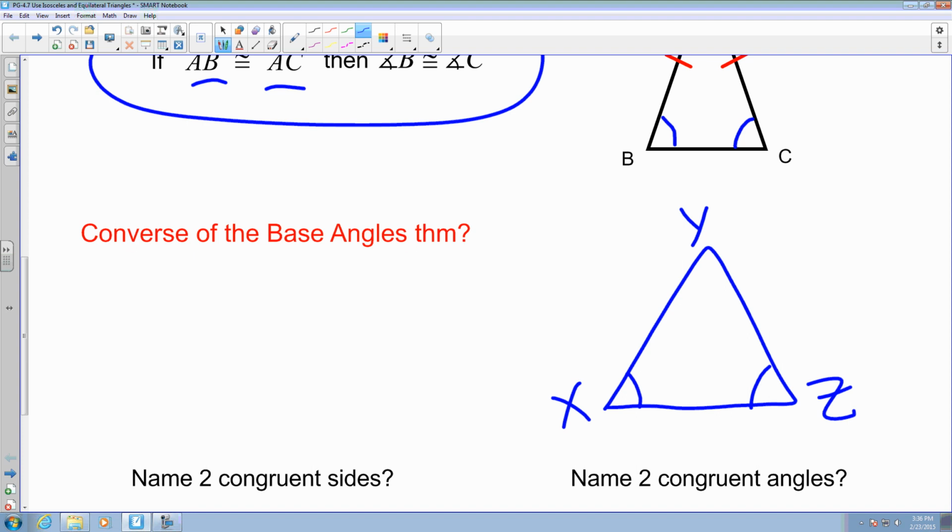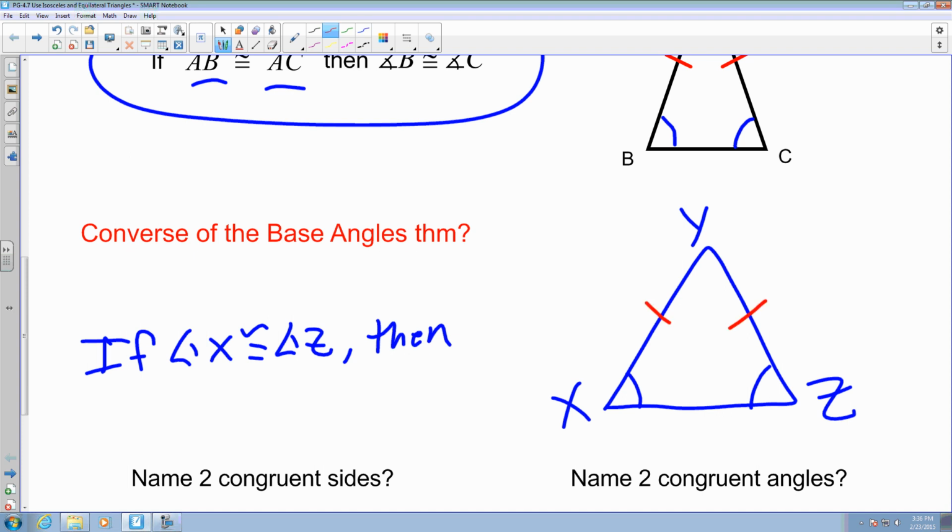The converse means that if angle X is congruent to angle Z, then these two sides are congruent. Then XY is congruent to YZ.